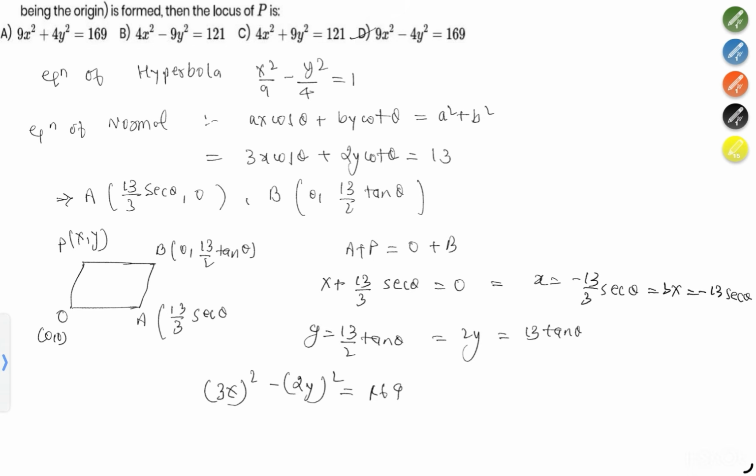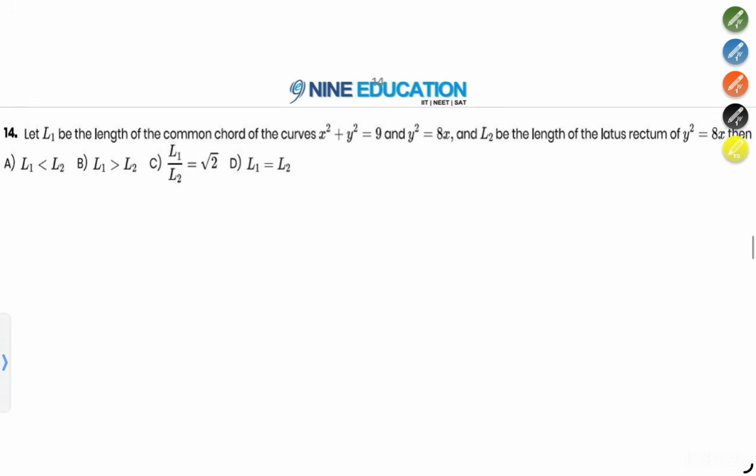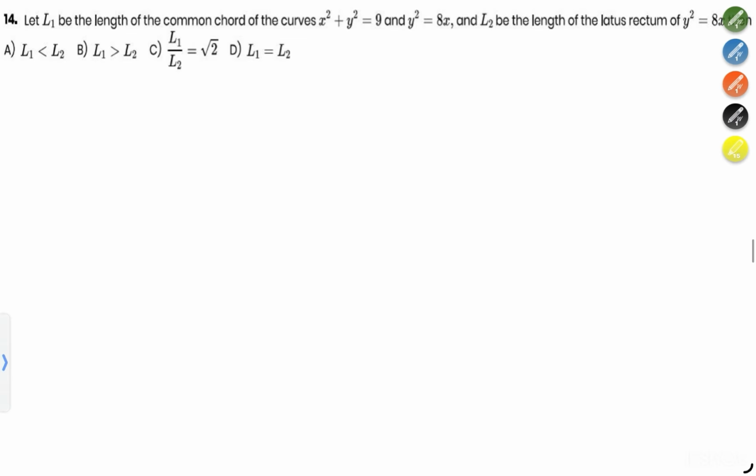Okay, now let us move to the next question, question number 14. In 14, they have given L1 to be the length of the common chord of the curves x square plus y square equals 9 and y square equals 8x. Since they have given a common chord, first let us find the points of intersection of these two curves. Simplifying, x square plus 8x minus 9 equals 0.